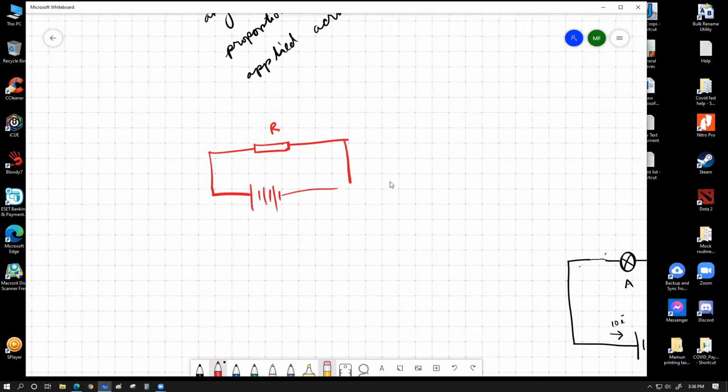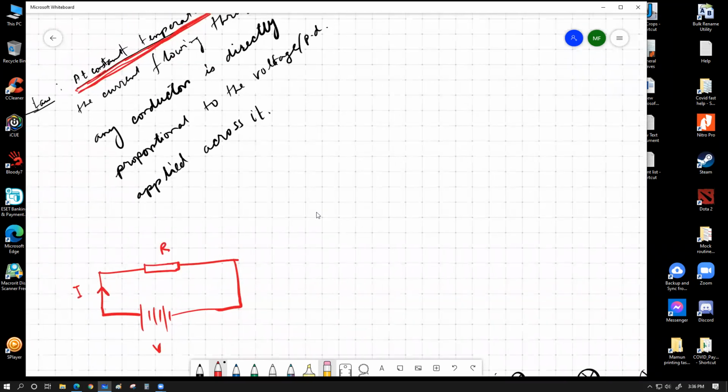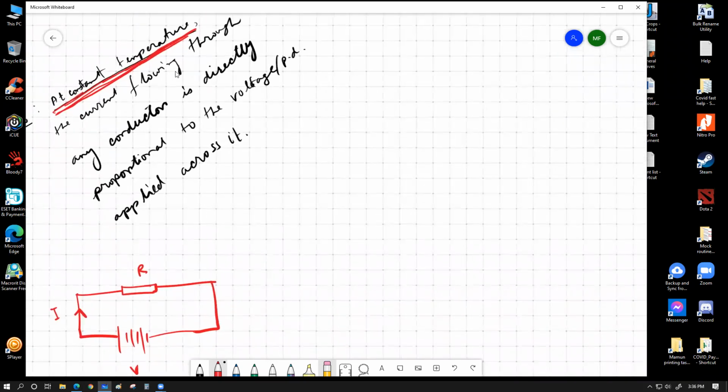Let's say this battery has a voltage of V across it, and the conventional current that flows in the circuit is I. What the law tells us is that at constant temperature, the current flowing through any conductor is directly proportional to the voltage or PD across it. So essentially I is directly proportional to V. This is the expression of Ohm's law in its very crude form.